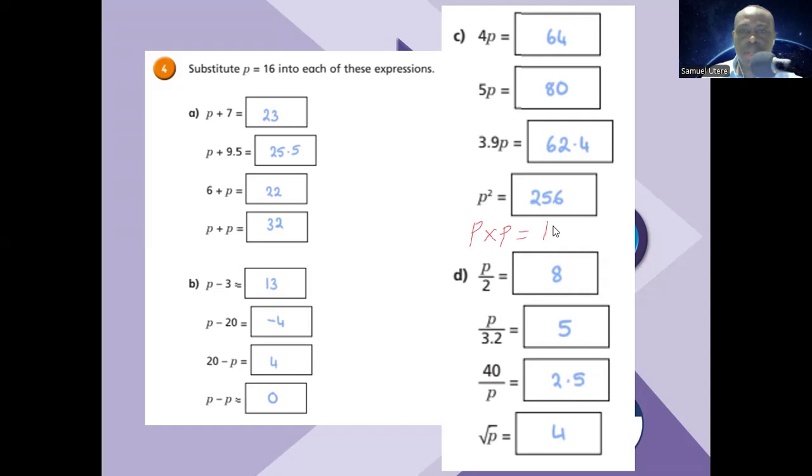So this is the same thing as 16 times 16. Okay. p over 2 means 16 over 2, which is 8. Okay. And then square root means what would you multiply by itself, thinking about your simple numbers, to give you 16. Of course, that number is 4.